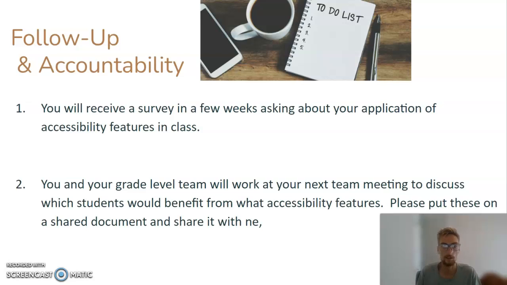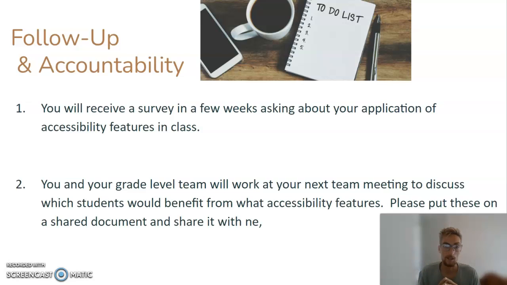Next, you and your grade level team will work at your next team meeting to discuss which students would benefit from the accessibility features. So this goes back to what I just mentioned. Maybe you have some students that very clearly would benefit from something like enlarged text, or being able to have a contrast from text to the background because they have visual difficulties.